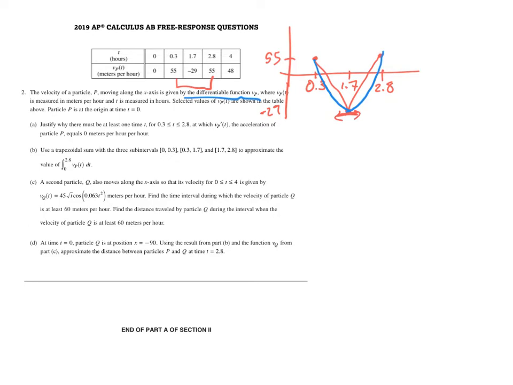The other thing that you could do, even if you didn't know about this point in the middle, if you just had these two beginning points, what's simply the average slope between those 2 points, or the mean slope? So if you did the mean value theorem, it says, hey, if your average slope between 2 points is, in this case, 0, then somewhere in between there it has to take on that slope.